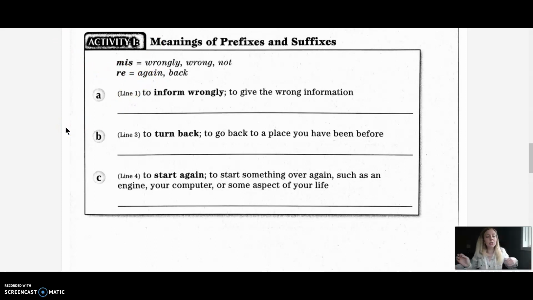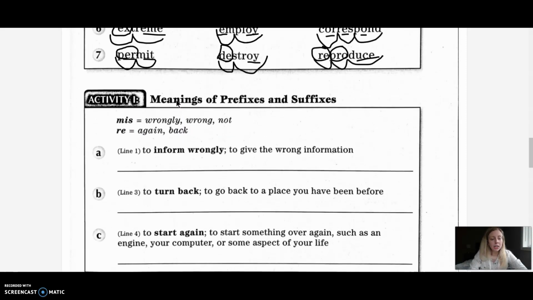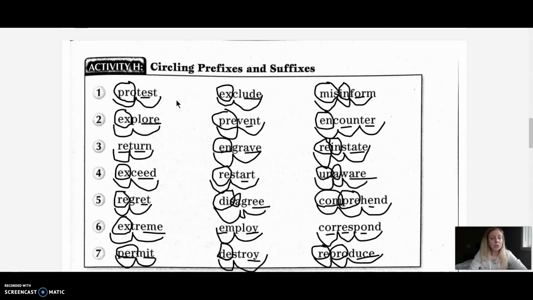So let's do A, B, and C. A says we're going to look at line 1. To inform wrongly, to give the wrong information. So line 1, to inform wrongly. Correct. Misinform. Nice job.